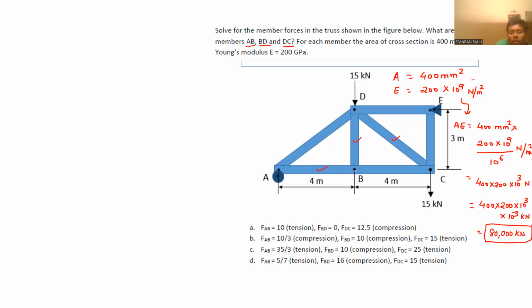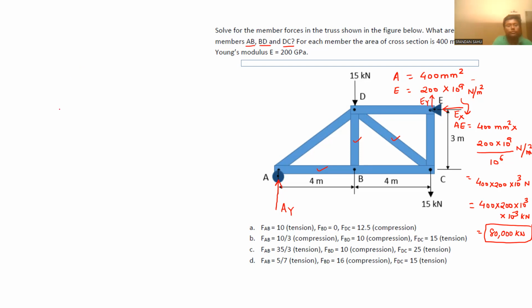Now we need to determine the reactions. This is a roller support. So when we draw the free body diagram, one vertical reaction will come. This is AY. And here, this is a hinge, so EX and EY.